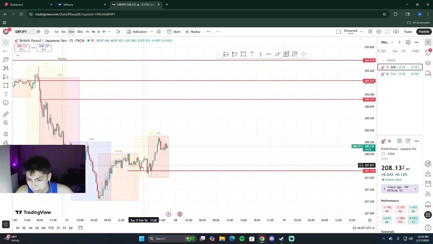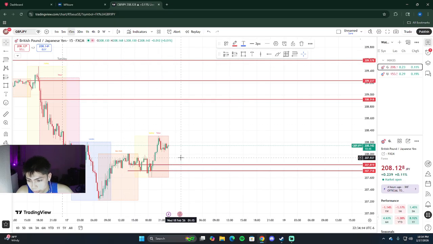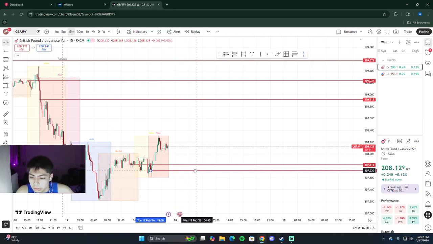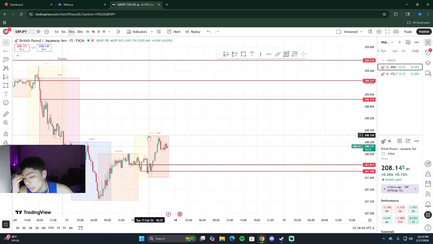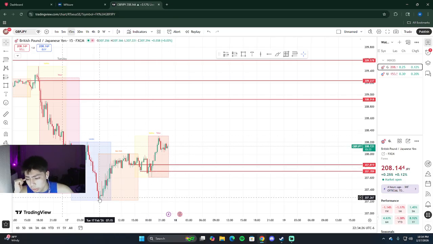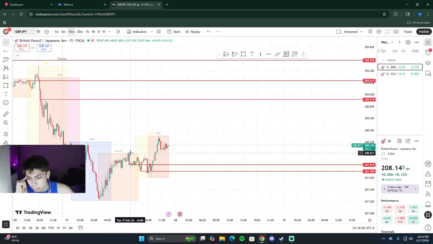Go down to the 15-minute. Still liquidity sweep here. We see it here, actually we see it here as well. So it's one here, one here. I wanted to sweep this one primarily and put this one too, at the bottom, because the trend is bullish.